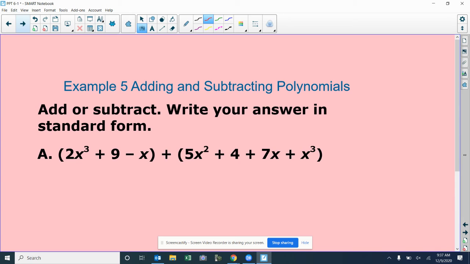We have 2x to the third and 1x to the third. That's going to give me 3x to the third.